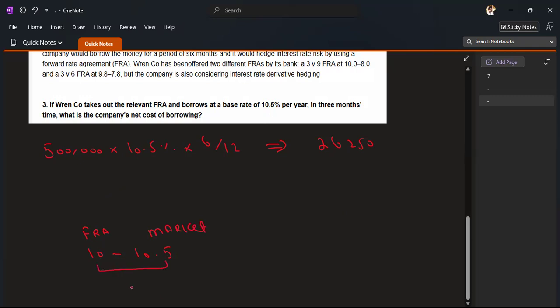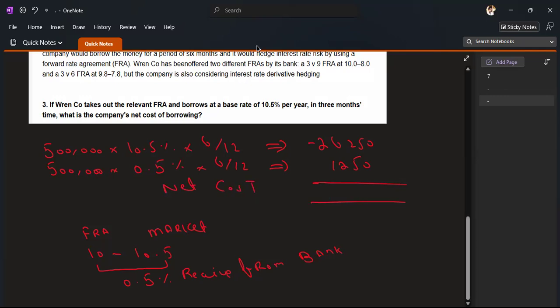How much is the benefit? 0.5%. So I will receive from the bank. So you will tell the examiner 500,000 and the difference 0.5% multiply by 6 divided by 12. This was the cost. How much is this benefit coming? 1,250. So what is your net cost?